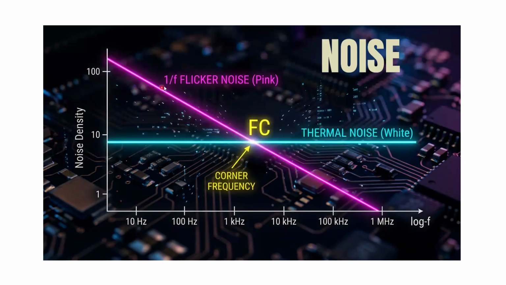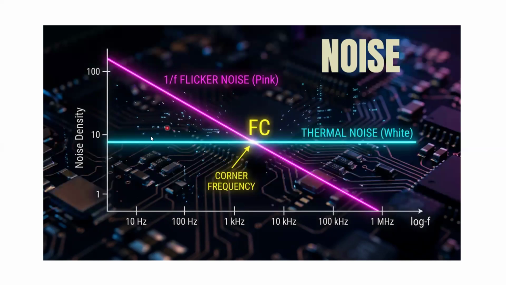You see that this noise, the pink noise, decreases as the frequency increases, or in other words, it increases as the frequency decreases. So in the low frequency region, or let's say the DC region where your circuit or system is operating, this noise has a higher magnitude and is the dominating noise.